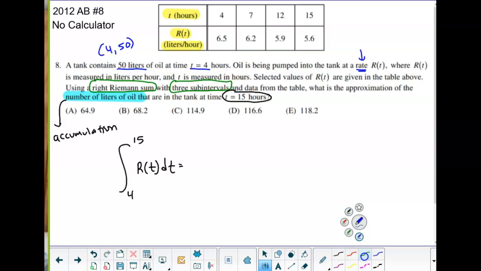However, remember how 4 is our start? How many total gallons were in, or liters were in the tank at 4 hours? 50. So you have to add the start.